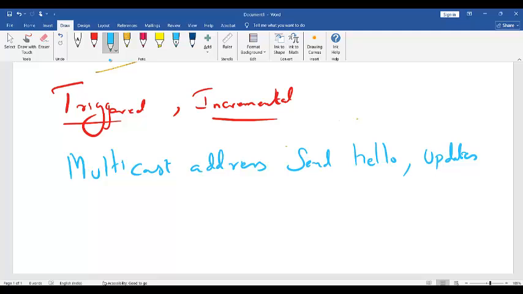It uses a multicast address. What is the multicast address RIP uses? 224.0.0.9. RIPv2 was using 224.0.0.9. What is EIGRP's multicast address? 224.0.0.10.